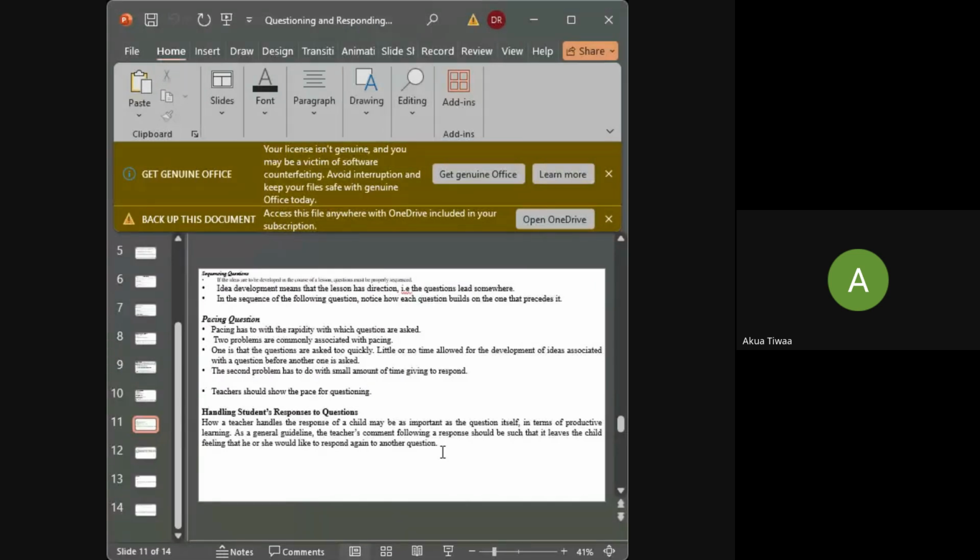Then we have handling students' responses to questions. How a teacher handles the response of a child may be as important as the question itself. In terms of productive learning, as a general guideline, the teacher's comments following a response should be such that it leaves the child feeling that he or she would like to respond again to another question.